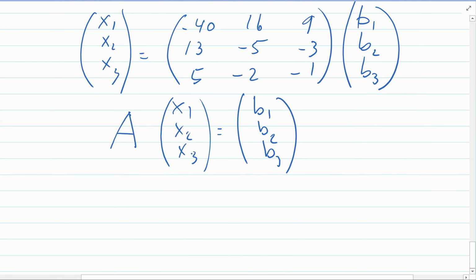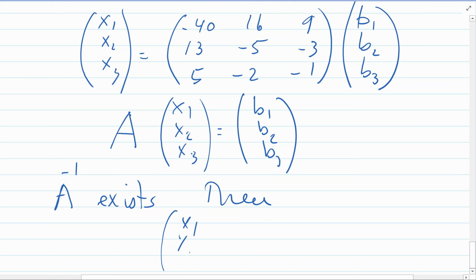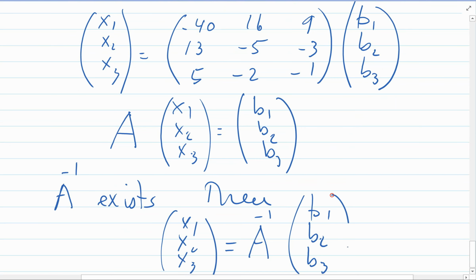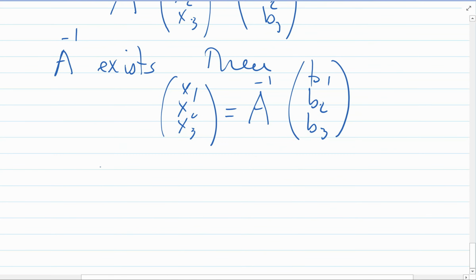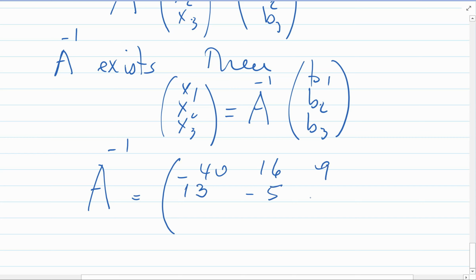And the solution, if A inverse exists, we know from the theory, then x1, x2, x3 is equal to A inverse times b1, b2, b3, which tells me that A inverse is minus 40, 16, 9, 13, minus 5, minus 3, 5, minus 2, minus 1.